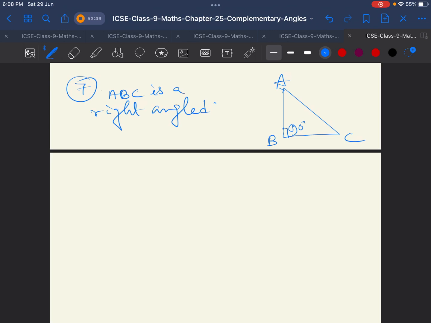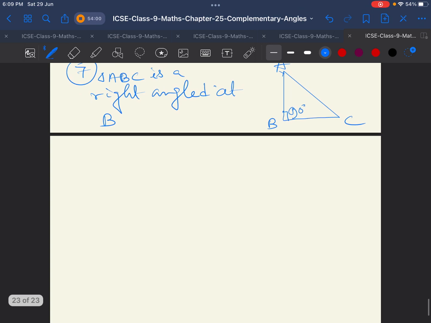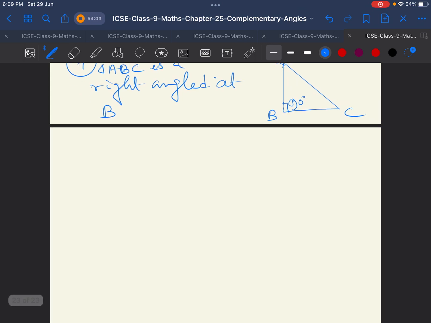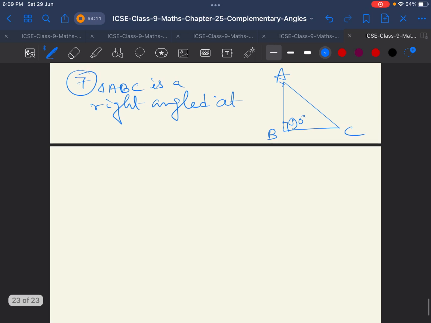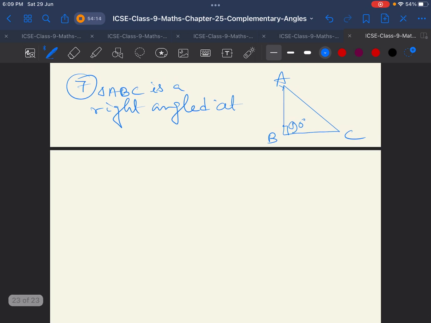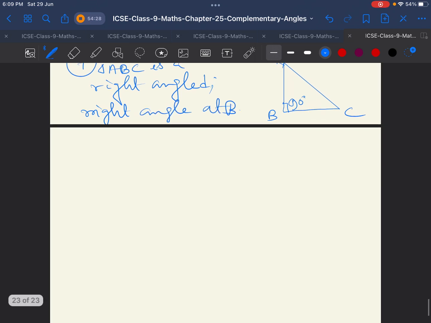ABC is a right angle triangle, right angled at B.